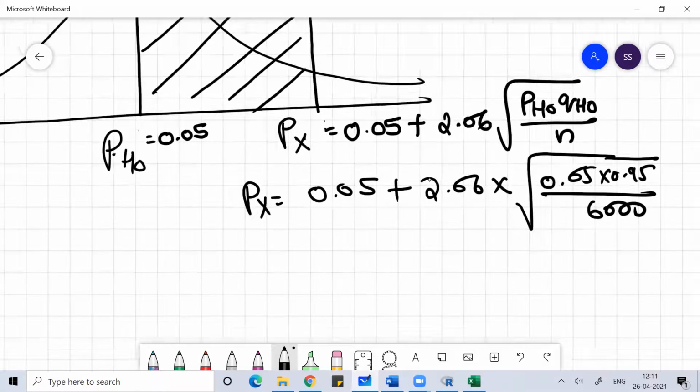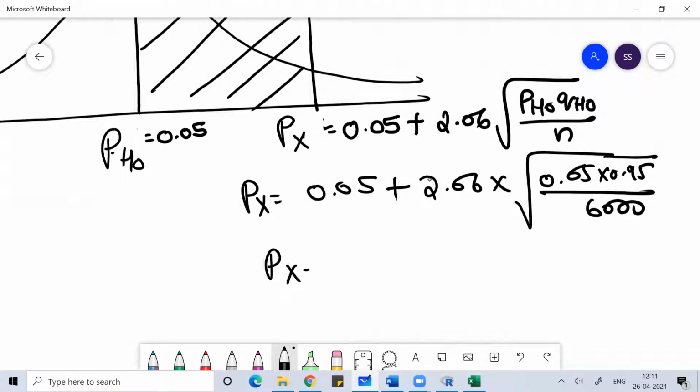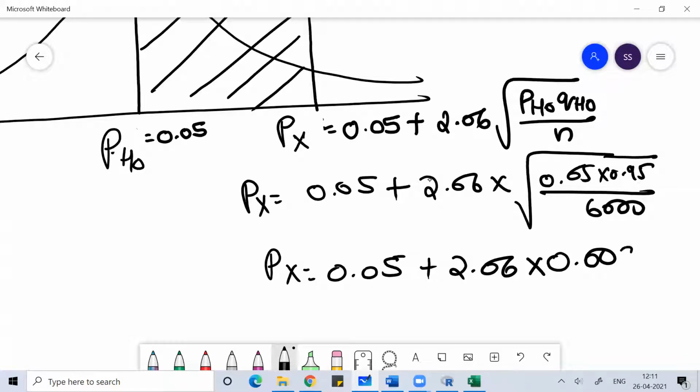I can solve this. So 0.05 plus 2.06 into this. The standard error is 0.002813.